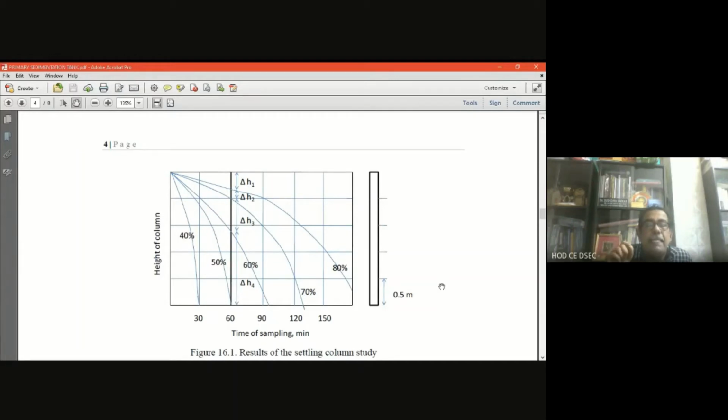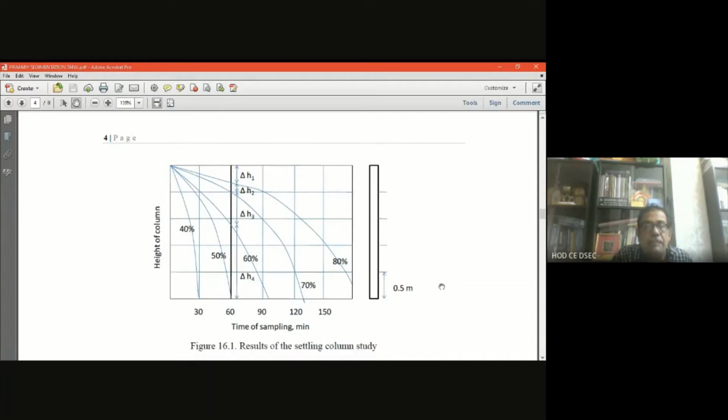Between 80% and 70% the intercepting point is delta H2. Between 70% and 60% the connecting point is delta H3. And the last one, between 60% and 50%, is delta H4.